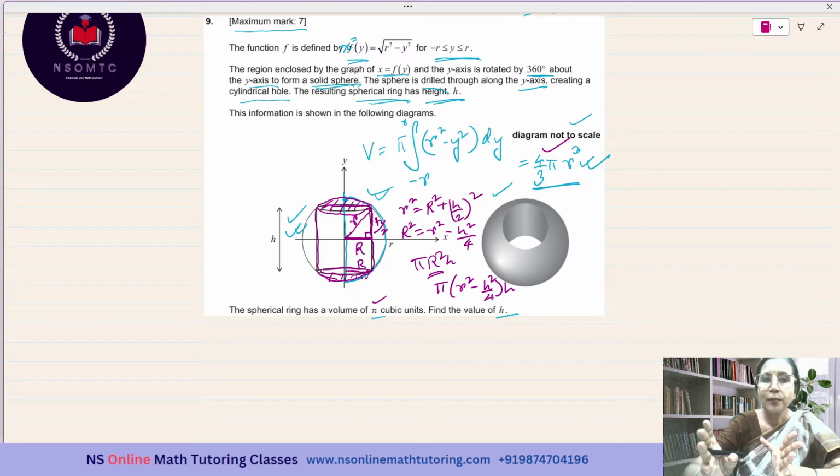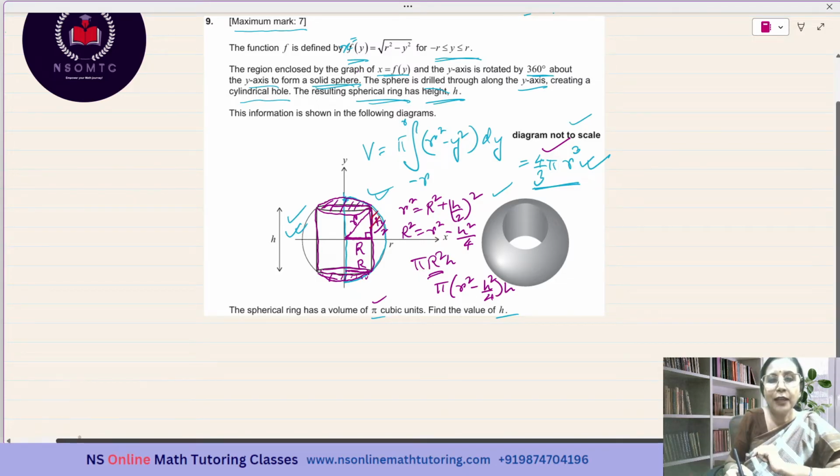That is not correct. What you have to do is take this region. If you rotate this region, which is bounded by this vertical line, what will be the equation of this vertical line? What is the x coordinate of this point?